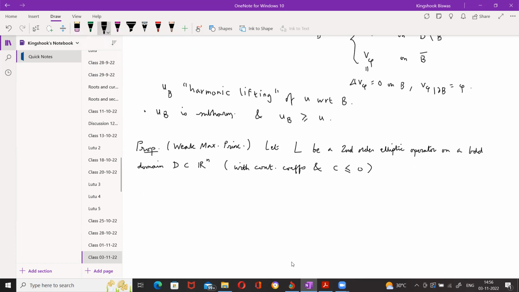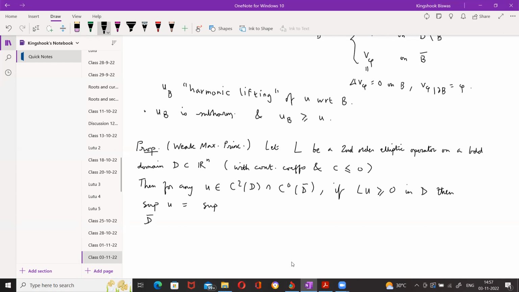Then for any u in C2(D) intersect C0(D closure), if Lu is greater than or equal to 0 in D, then sup of u over D closure is equal to sup of u over the boundary of D.